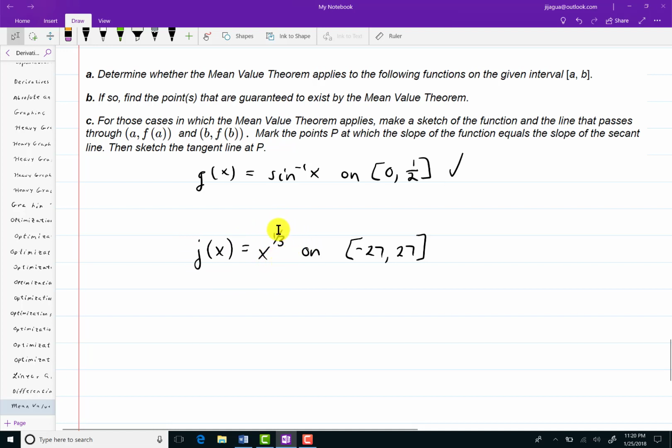However, when you take the derivative, J prime of x will equal 1/3 x to the -2/3. And the negative exponent means that I will not be able to put in 0. So it's not differentiable at x equal to 0.